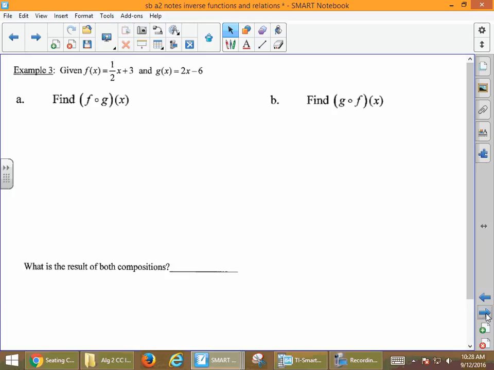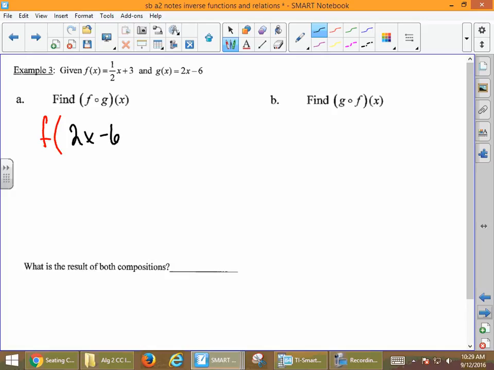Given our function f of x equals 1 half x plus 3, and g of x equals 2x minus 6, we want to figure out what is f of g of x. So we're going to start farthest to the right. We fill in our value of g of x, which is 2x minus 6. And then we get our f function, which is 1 half x plus 3.